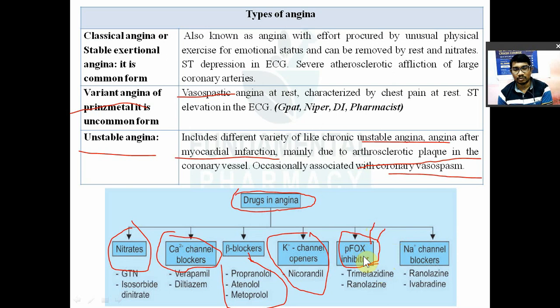So your myocardium will not be able to oxidize the fatty acid, and there will be no production of free radicals. And one more thing, due to inhibition of this, your myocardium will not utilize fatty acid, so it will shift to glucose for energy, which is an efficient source. That's why partial fatty acid oxidase inhibitors are used. Example is trimetazidine and ranolazine. Then sodium channel blockers are there, again ranolazine, ivabradine. These are the drugs.